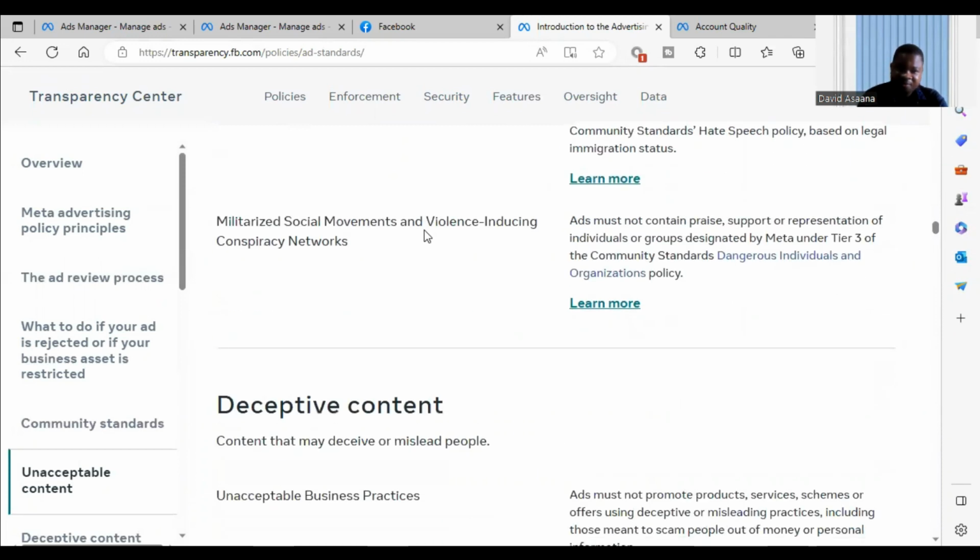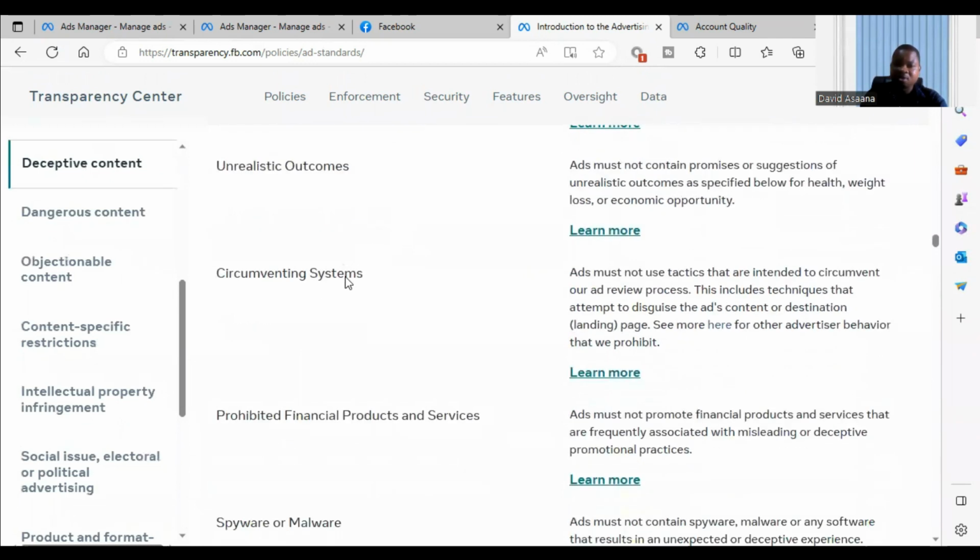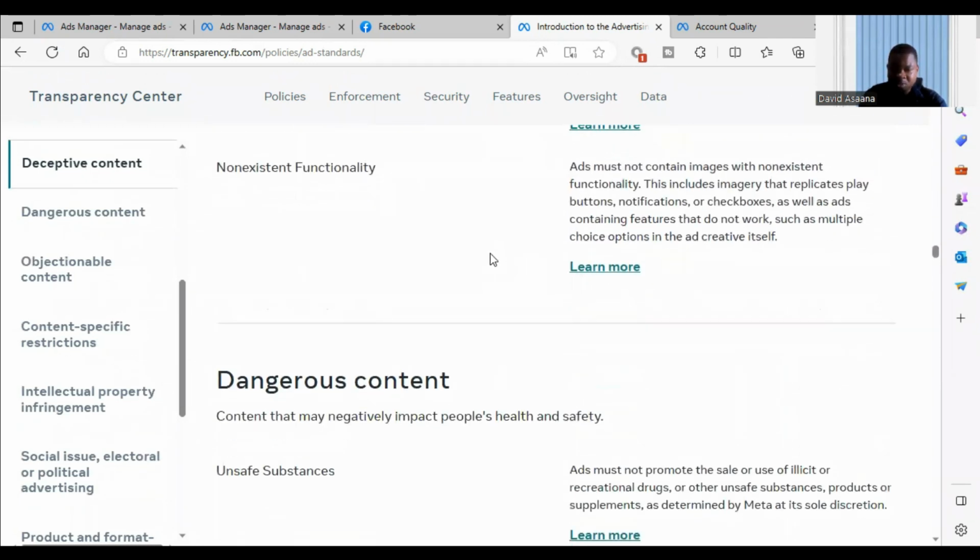I will leave the link to this particular page for the policies in the video description. Check the video description and you get a link to have access to all the Facebook policies so that you make sure that you follow them and don't violate Facebook policies.